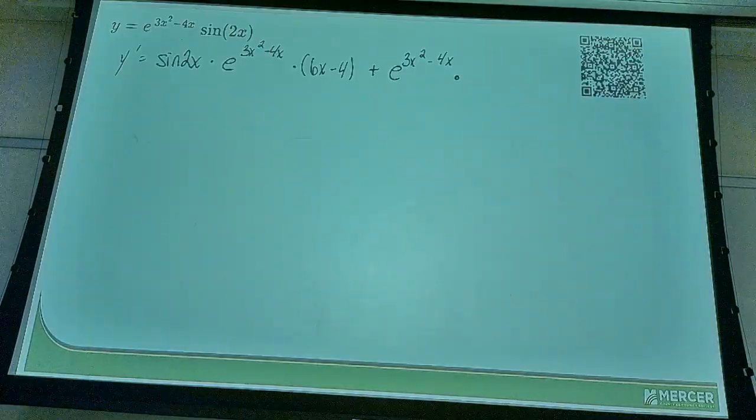that second function is what? Sine. What does the sine rule tell us? Negative cosine, cosine, and then the chain rule. So let's simplify where we can. We can factor out an e, right?